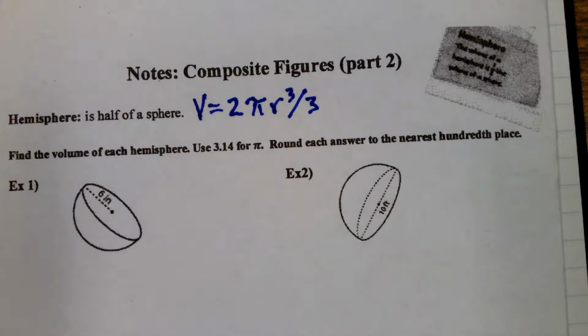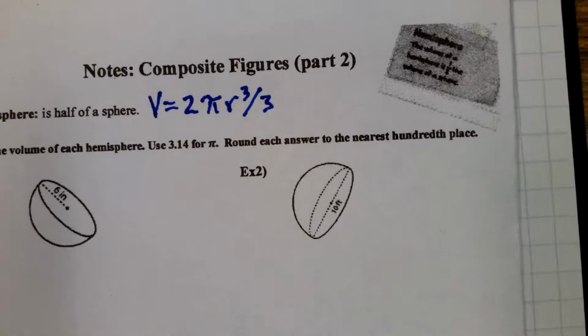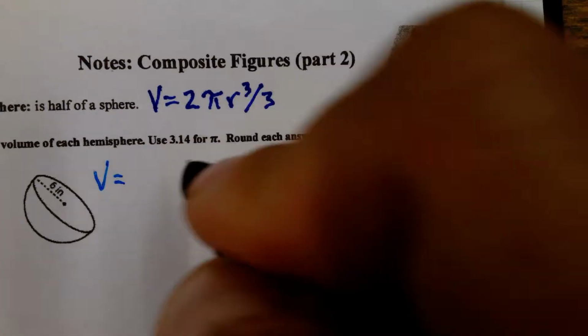So let me pull up my sleeves. The volume of this hemisphere is, well, we'll write it in terms of pi first, and then we'll get an answer for that.